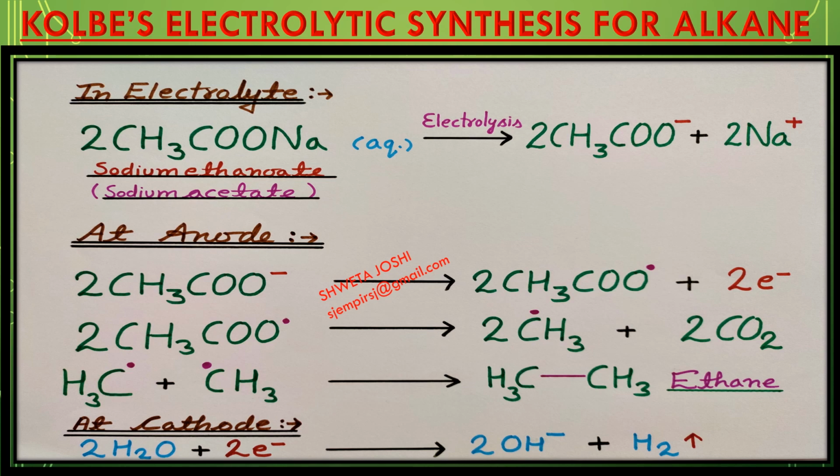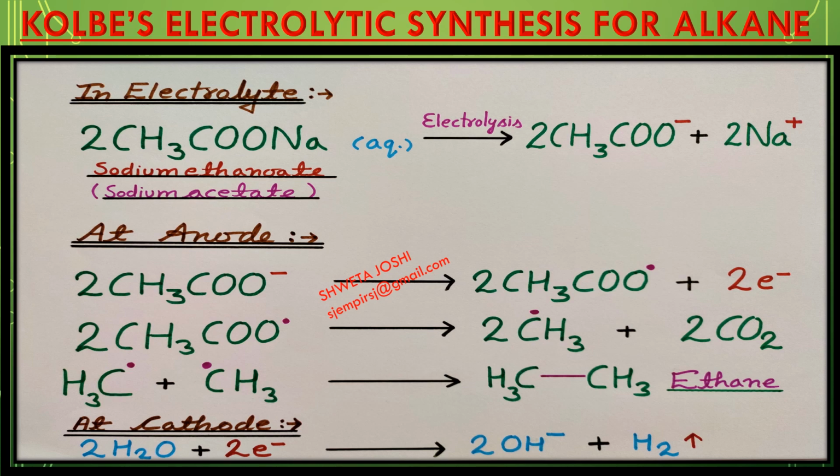Now, first of all, covering reaction taking place at anode. Since anode is positive electrode, CH3COO- will migrate towards it. 2 moles of CH3COO- initially will lose 2 electrons, forming 2 moles of CH3COO free radical.